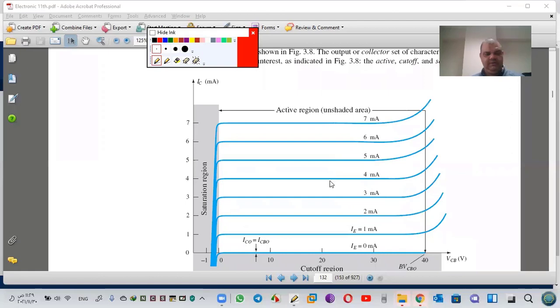See, this is the characteristic here. We have another thing. First of all, see the axis.